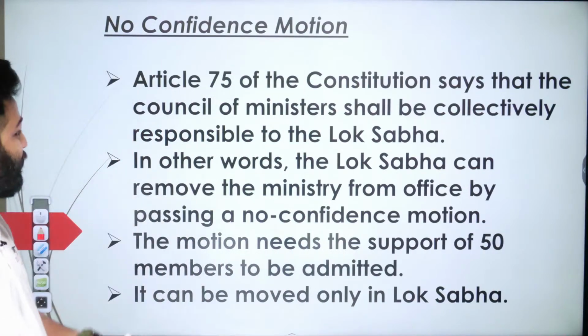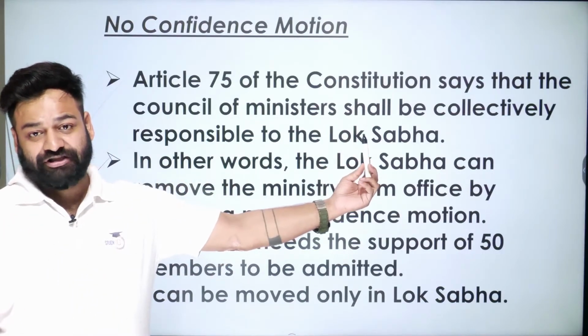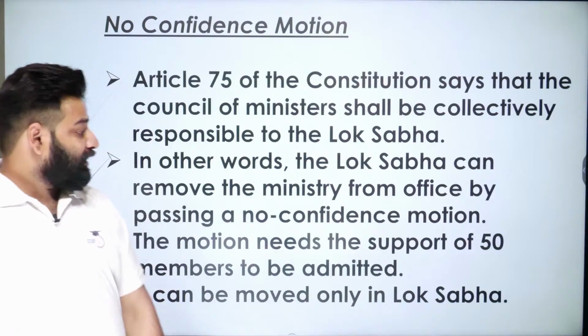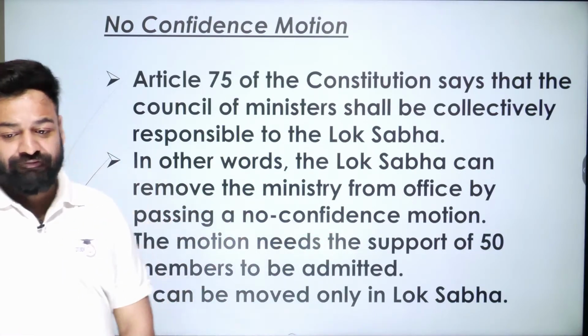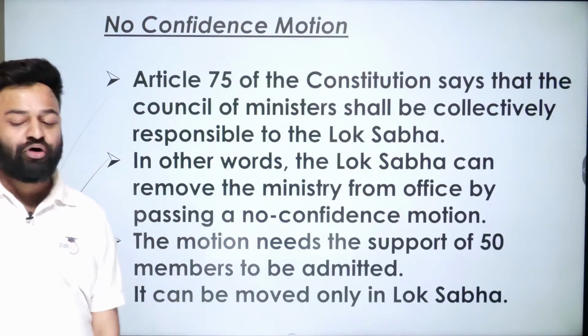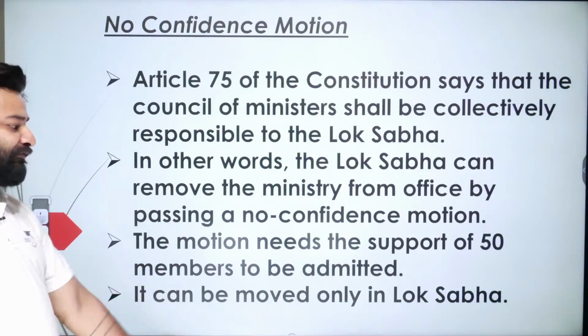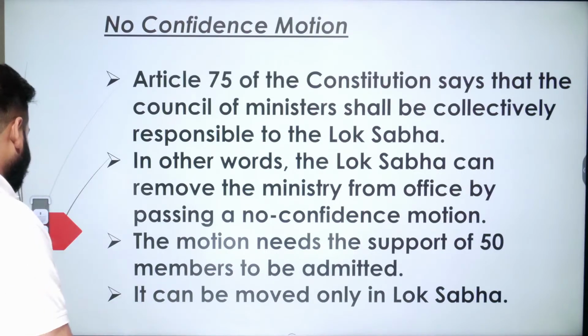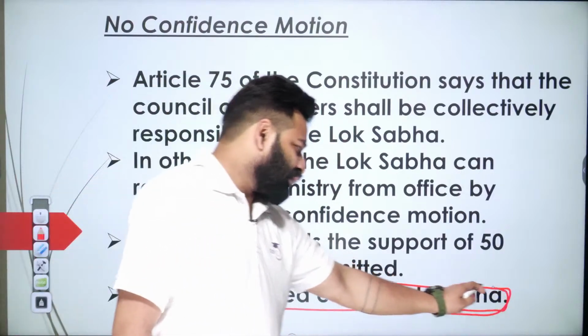So what it says, that Council of Ministers shall be collectively responsible to the Lok Sabha only, not Rajya Sabha, Lok Sabha only. In other words, the Lok Sabha can remove the ministry from office by passing a no confidence motion, and such a motion needs the support of at least 50 members to be admitted, and it can be moved only and only in Lok Sabha.